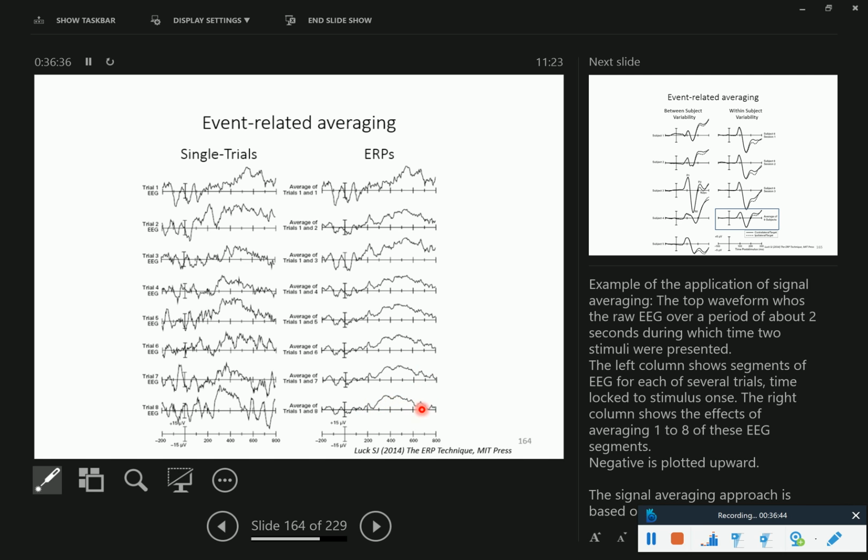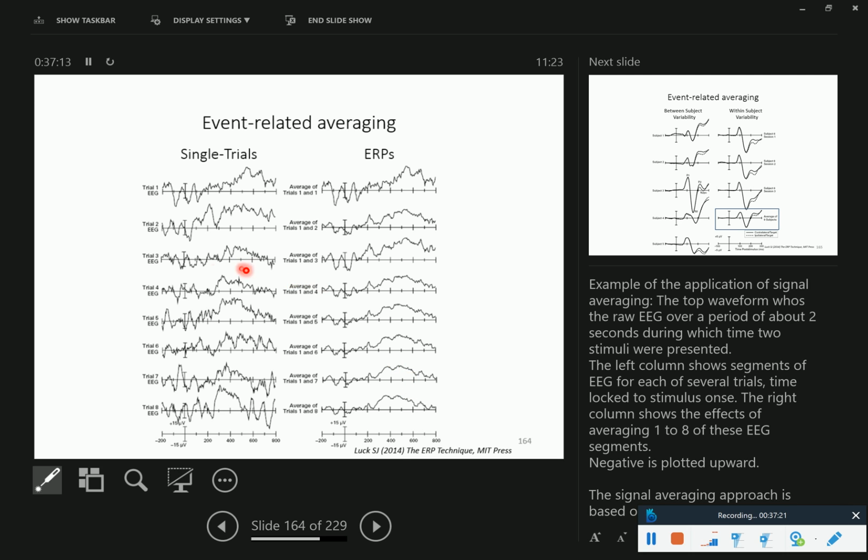So what you get in the end is less wiggly, and also the overall extension, or how much the potential deviates from zero, actually decreases, which is good to know, because if you have one condition where you average a lot of trials and one condition where you only acquire a few trials, in general you would assume that you have some more deflections in the potential in the condition where you have fewer trials.